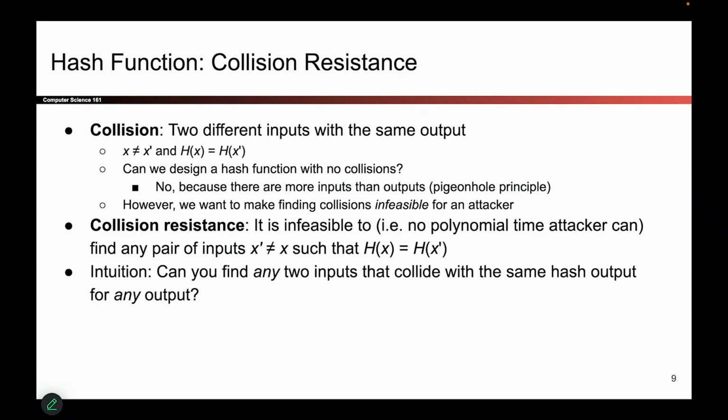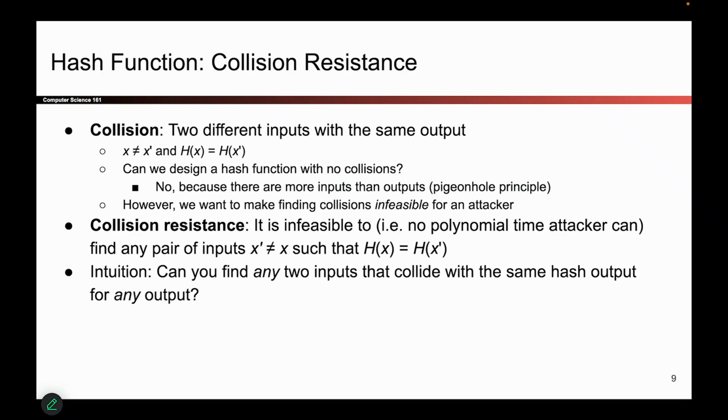How many output values are there? 2 to the n. If it's an n-bit output, say 128 bits, you only have 2 to the 128 possible outputs. That is a big number of outputs, but it is not infinity. So if you have infinity inputs and 2 to the 128 outputs, there's going to be at least some inputs that map to the same output.